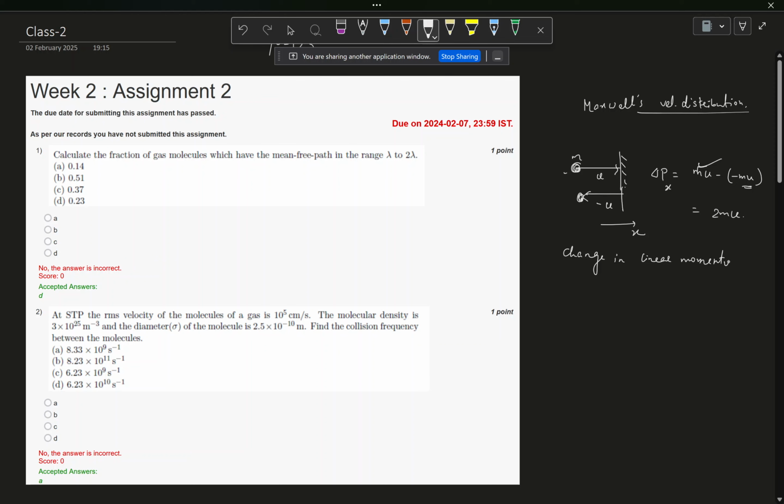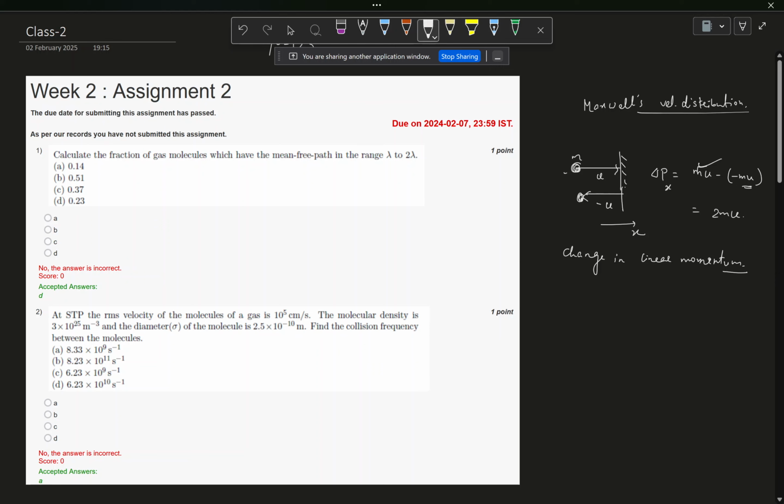In the Maxwell's velocity distribution all three dimensions x, y, and z are considered, but the basic idea was based on this linear momentum, the change in linear momentum if a certain process like that is happening, and then the derivation went on further. This part was an important concept.